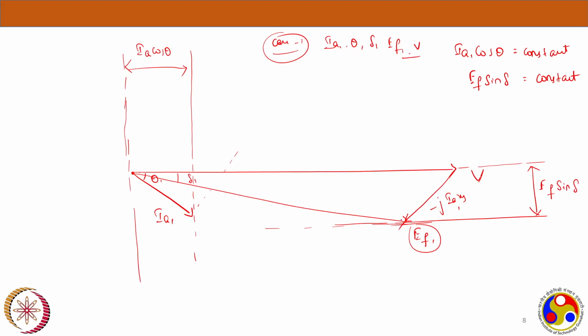So I have increased my EF. Now my EF2 would be somewhere here because I have increased it. So it is my EF2 here, and then it is minus jIA2 XS.